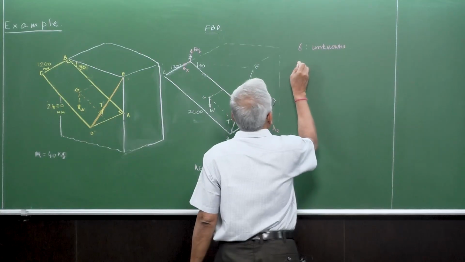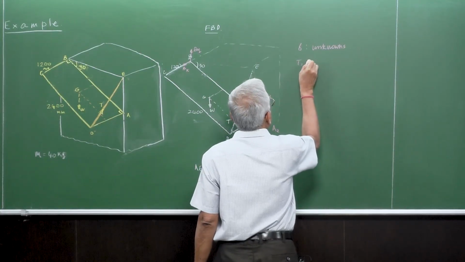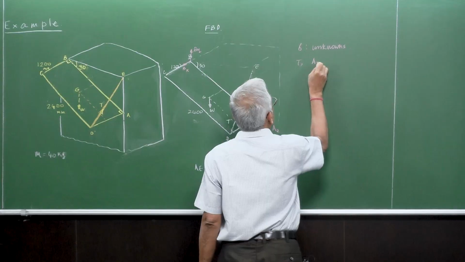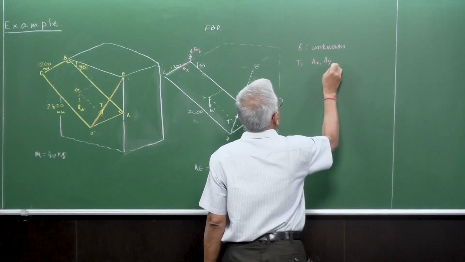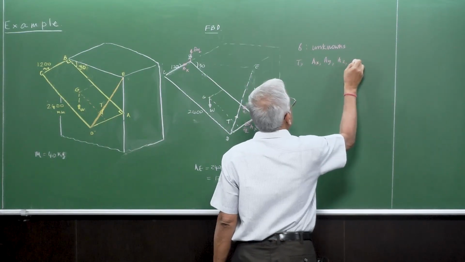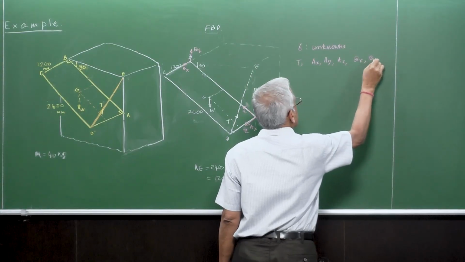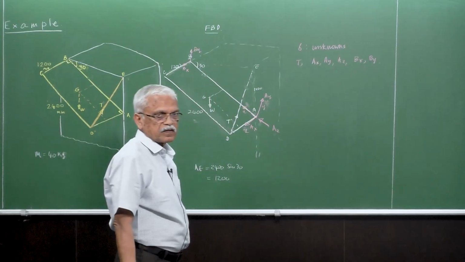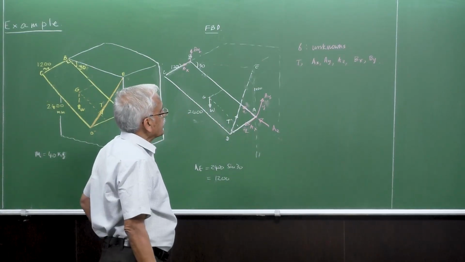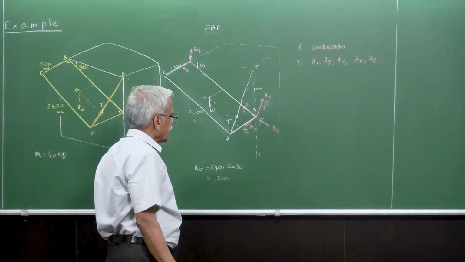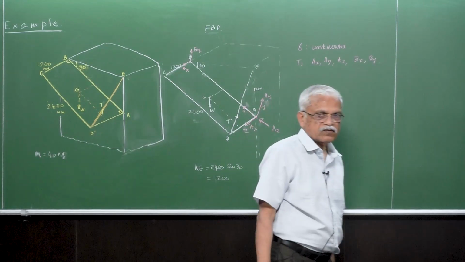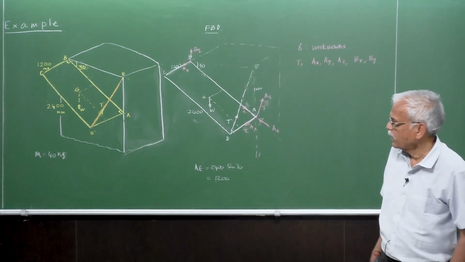And the 6 unknowns are T and components ax, ay, az, and bx and by. These are the 6 components.